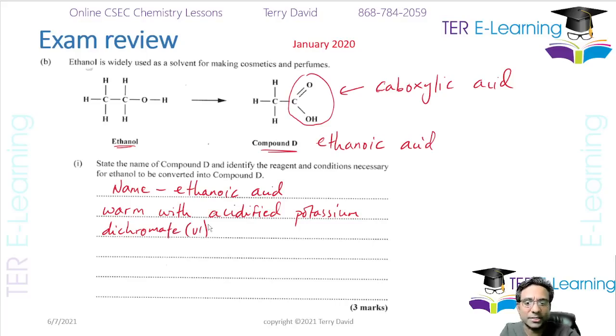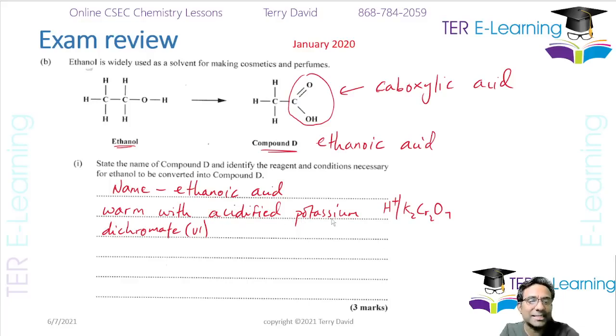You all need to know that this is an oxidizing agent. Sometimes we write it as H+, K2Cr2O7, acidified potassium dichromate(VI). If they were to ask you what the color change is when it reacts with the ethanol, it changes from orange to green. But they said conditions and reagent.